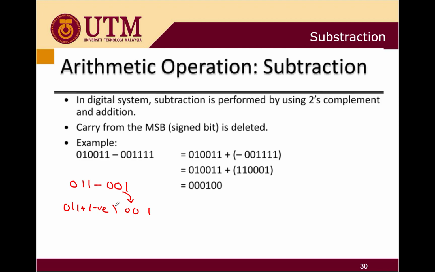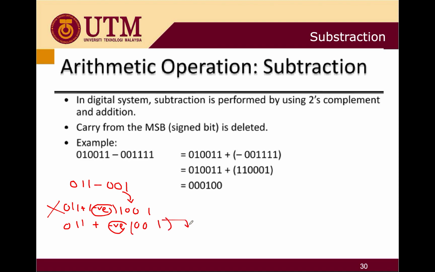You cannot use the sign method, which is, if let's say sign method, you're going to change negative to be 1 in front, isn't it? So you cannot use this. And if let's say over here you have 0, 1, 1 plus negative 0, 0, 1. If let's say negative, you cannot just use this value.